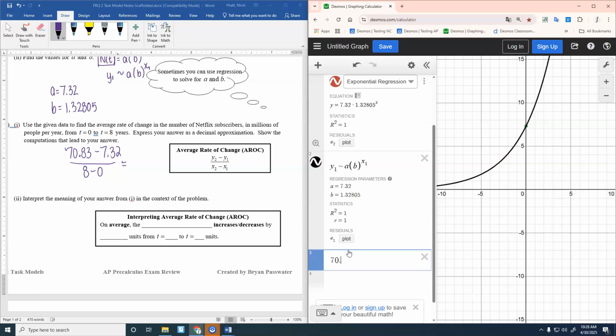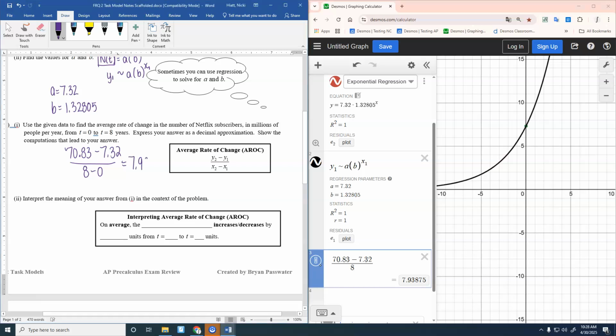So you got to do 70.83 minus 7.32 over 8. You're going to get 7.93875. Again, you could round here, but you're probably going to have to use it later, so I would just keep it. It's not that many decimals to worry about.